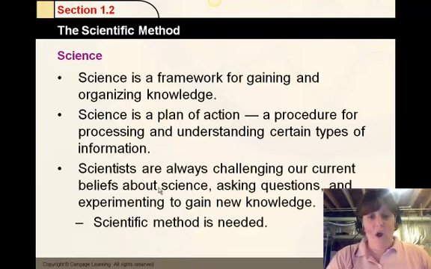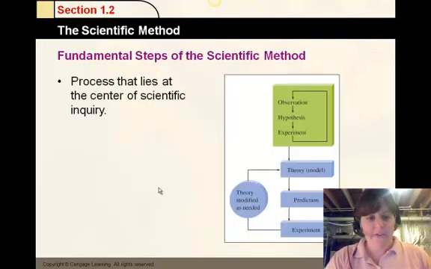We're always challenging our current beliefs about science, asking questions and experimenting to gain new knowledge. So scientific method is needed. It's kind of an orderly process that we go through. Here are the fundamental steps of the scientific method. And you can see that after an experimentation, you may have to experiment again, change your theory, modify things.